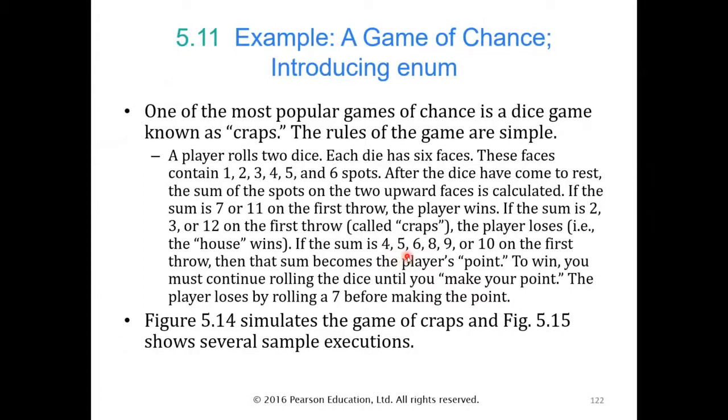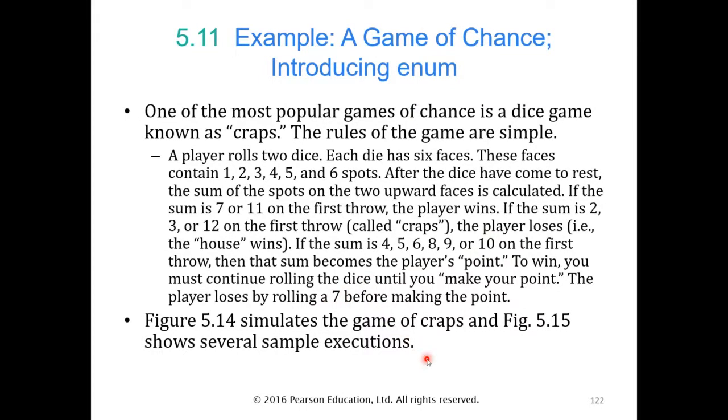If you get number 5, then you win. However, if you get the number 7 on your second, third, fourth, or whatever try, then you lose. So you keep repeating until you either get one of these numbers, which would mean that you win, or if you get the number 7, then you lose.